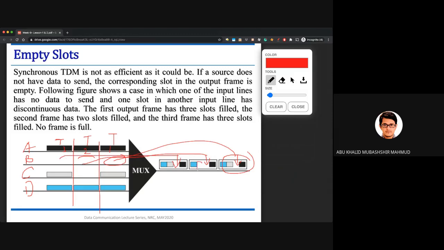And because there is an empty slot right here in channel C, that portion also remains vacant. This is very disturbing while we are trying to send data which is fast and reliable. We should not be wasting these empty slots. So this is a problem for this kind of time division multiplexing.